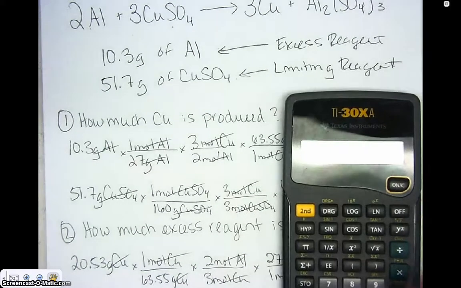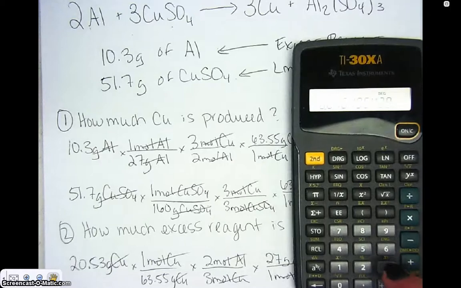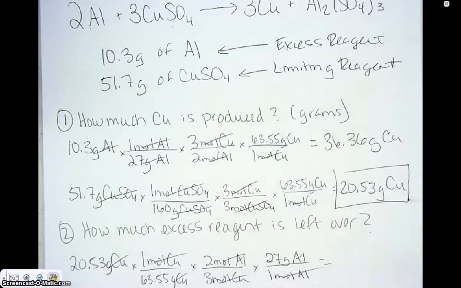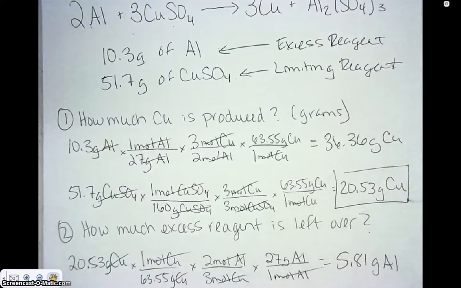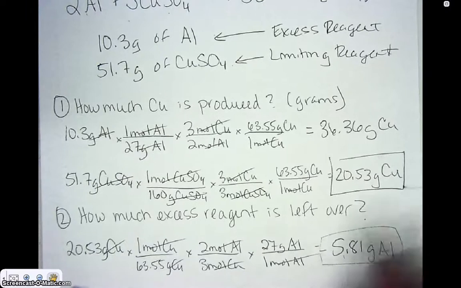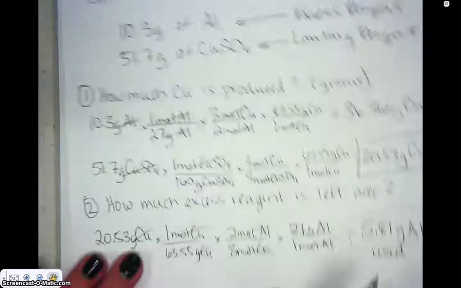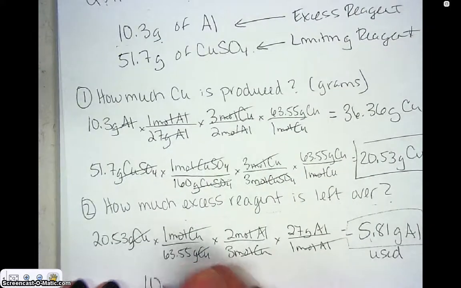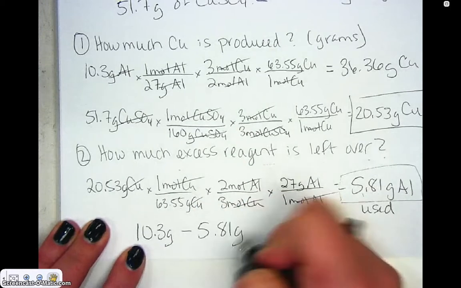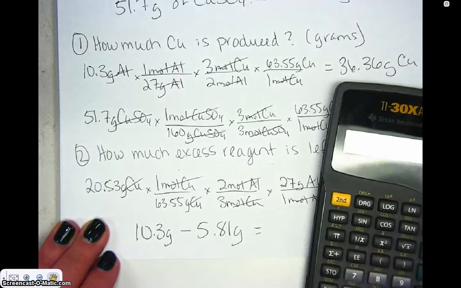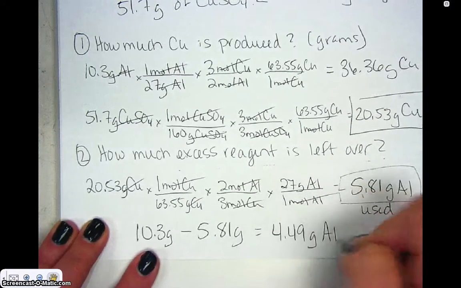Okay, and we get 20.53 divided by 63.55 times 2 divided by 3 times 27. 5.81. So the amount of aluminum that was needed was only 5.81 grams, right? This is how much was used. Okay, we started with 10.3 grams. So if we want to know how much is left over, we would just take 10.3 grams and subtract the 5.81 grams, and that means we would have 4.49 grams of aluminum left over.